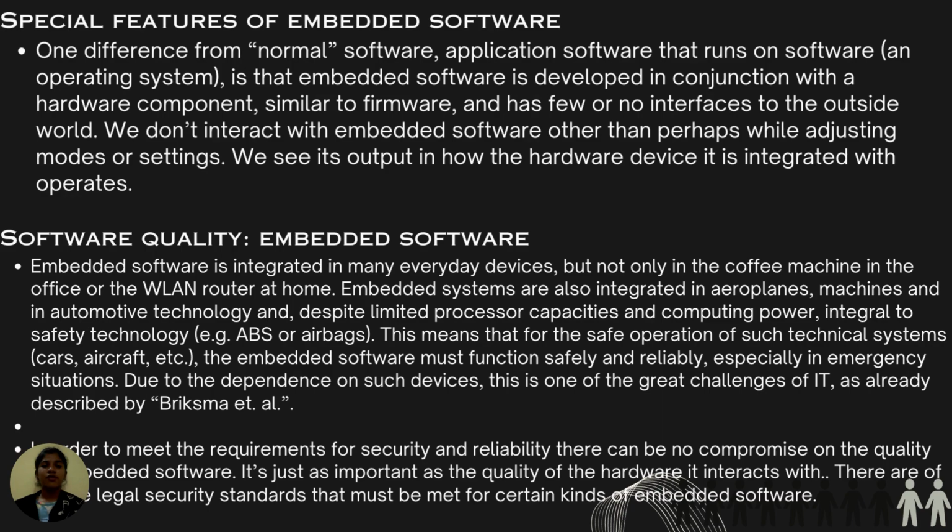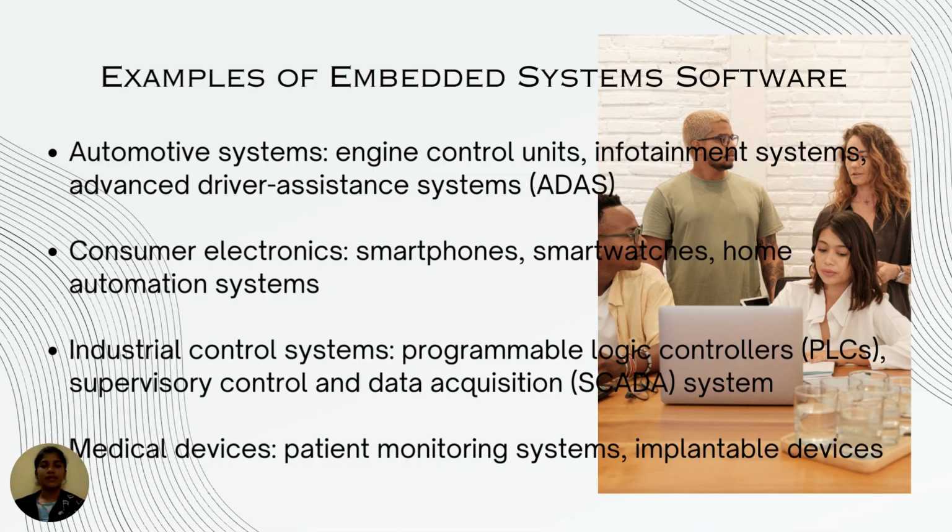And some of the software qualities: in day-to-day life, almost all the things around us are embedded systems. So now we're going to see some of the examples. Generally, some of the examples are automotive systems, which carry engine control systems or information systems, advanced driver assistance systems, and day-to-day life consumer electronics such as smartphones, smartwatches, home automation systems, industrial control systems, and medical devices.